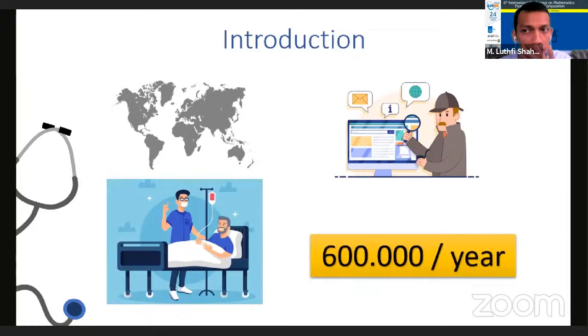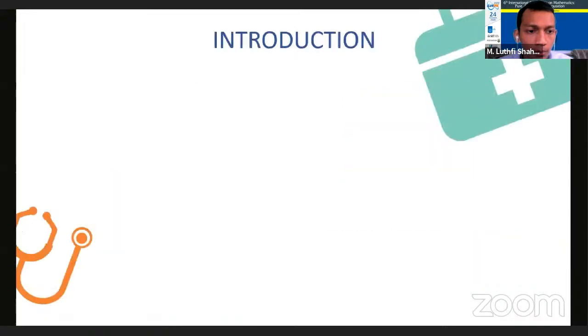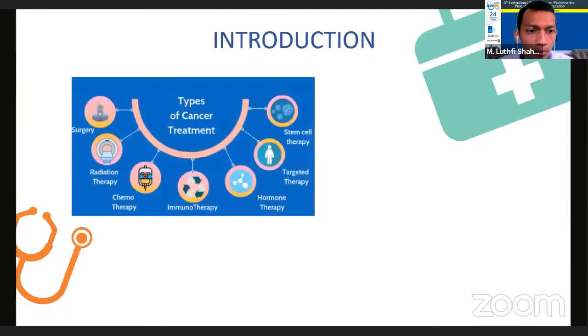Colorectal cancer is cancer with the third death rate, responsible for around 60,000 deaths per year worldwide. Various methods can be used to cure this disease, including chemotherapy, radiotherapy, and resection surgery.